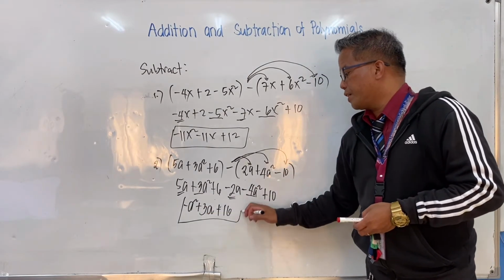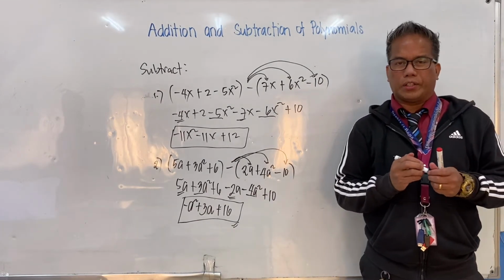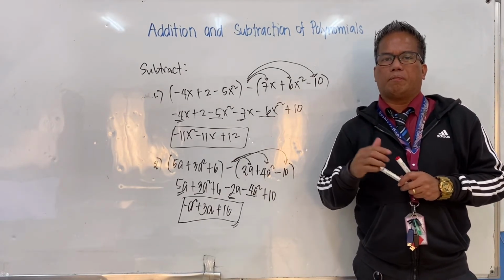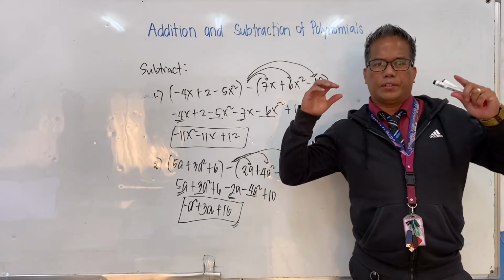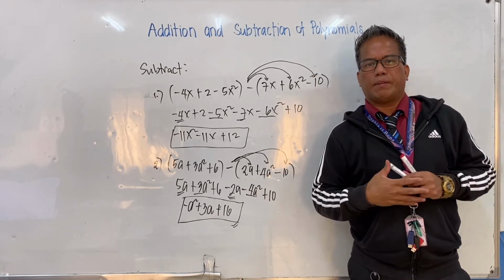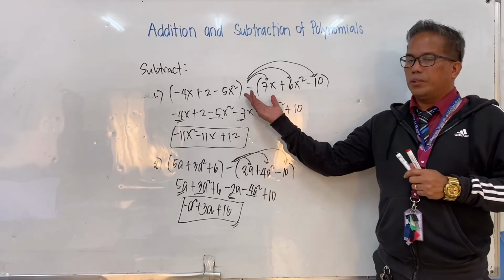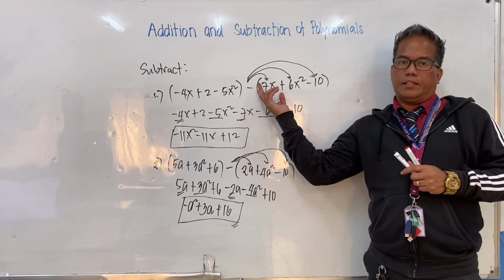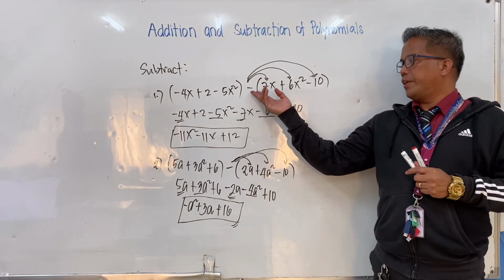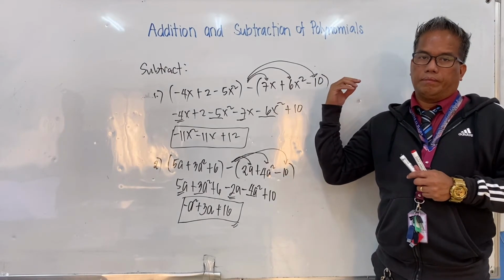So this is not the answer. So the differences between addition and subtraction. In addition of polynomials, all you have to do is just remove the parentheses and combine similar terms, then simplify. While in subtraction, you need to distribute first the sign in the operation to the subtrahend.